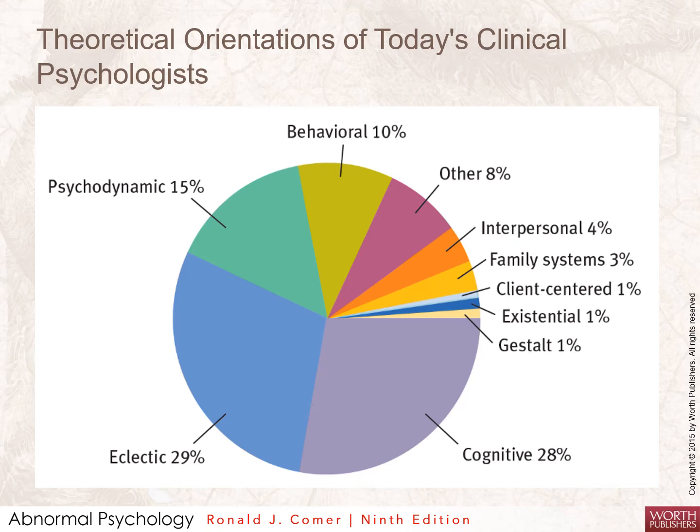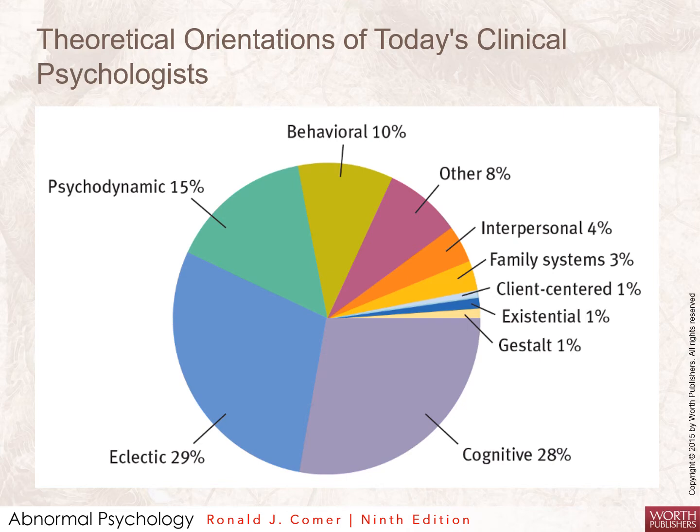Psychodynamic, only 15%. You're going to see even smaller amounts. If I had just psychoanalytic up here, it would be even less. But all the psychodynamic and the psychoanalytic is 15%, which is a portion, but it's not a huge portion. And then you see the client-centered at 1%. We're going to talk about that. The humanistic.